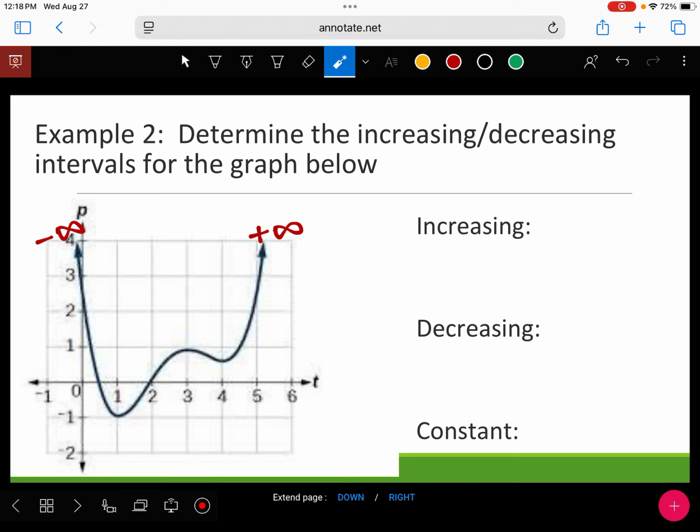So look at the screen. What is my red dot doing? It's going down. So this is going to decrease from negative infinity until we get to here. And what does x equal right there? 1. It decreases from negative infinity to positive 1.